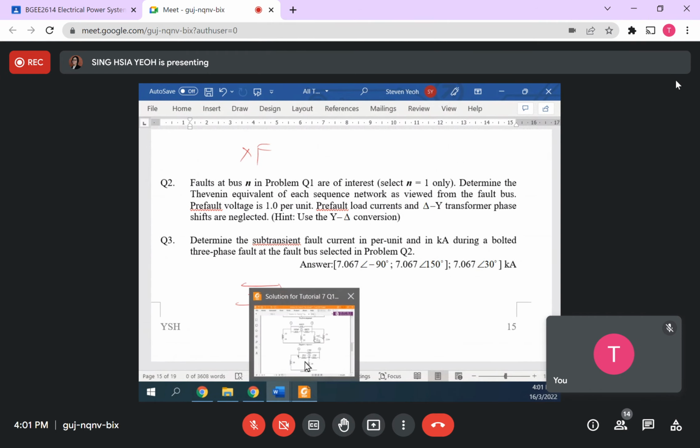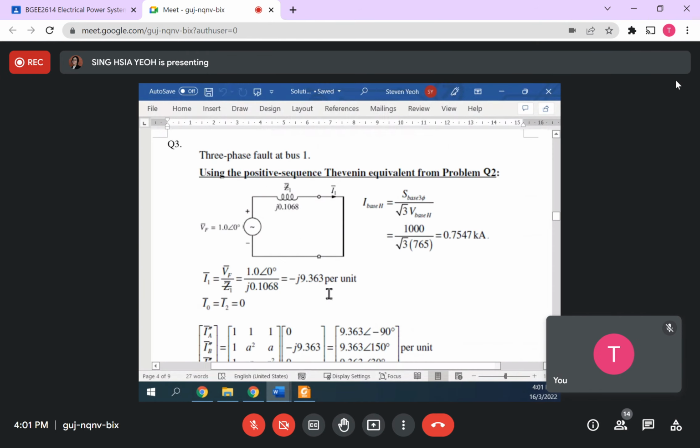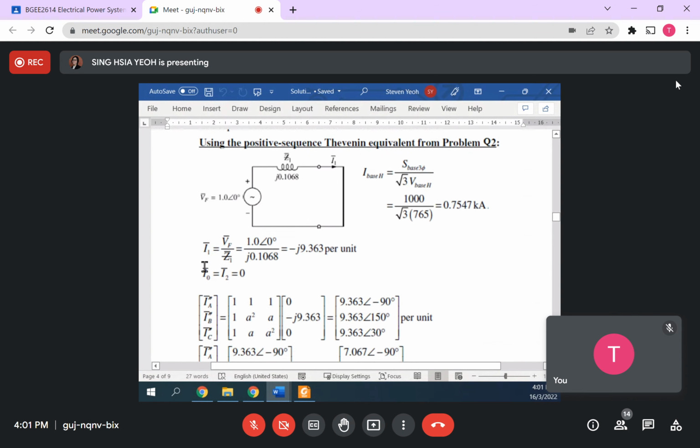Why do we only choose the positive sequence? Because only the positive sequence has the voltage source, 1 PU. Then you use Ohm's law, I equals V over Z. I0 and I2 will be equal to 0; the negative and zero sequence currents are 0.